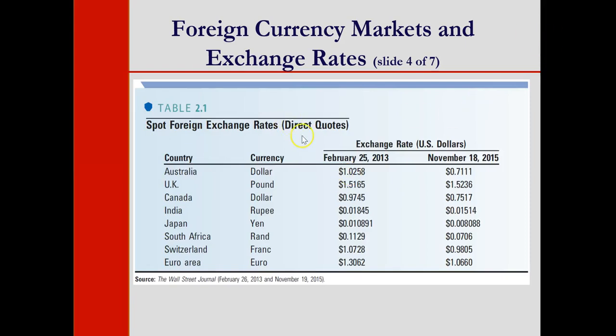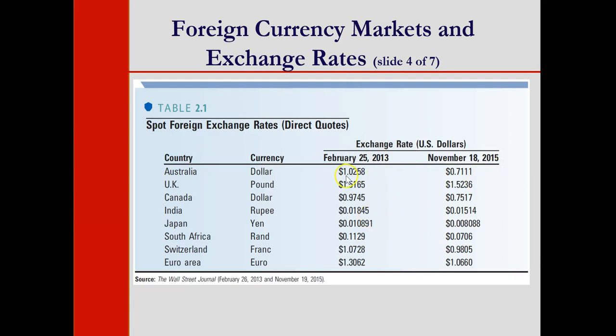This table shows direct quotes of different currencies. Australian dollar with US dollar. These are the direct quotes, 1.0245 US dollars per Australian dollar in the years 2013 and 2015. So these are the exchange rates.